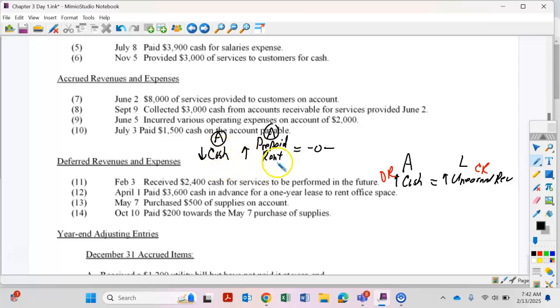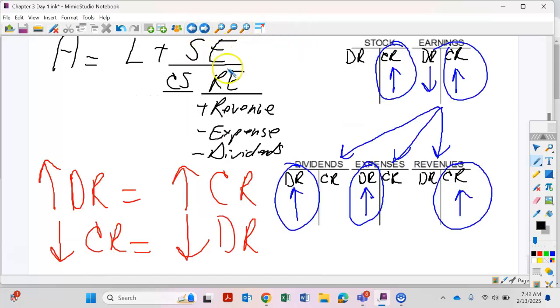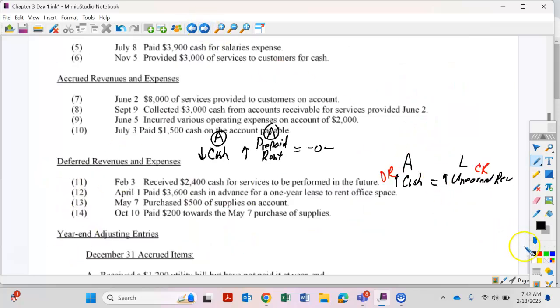Cash went down in exchange for a prepaid rent. And then reviewing our debit and credit rules, cash went down, so it's going to be the credit. Prepaid rent went up, it will be the debit. So we're going to debit prepaid rent and credit cash. Then once you have figured this out, you go over to your journal and you'll record: debit prepaid rent and credit cash.